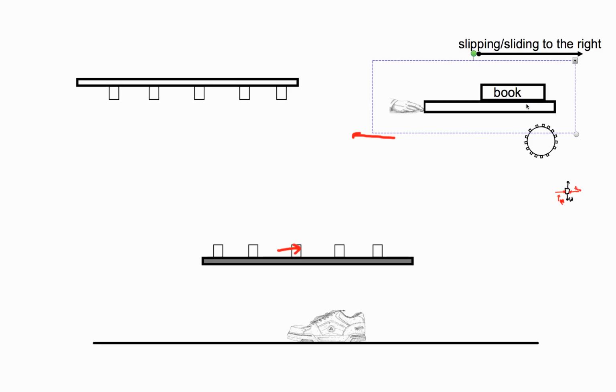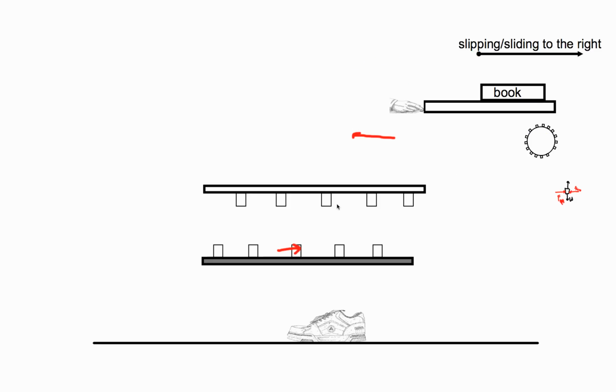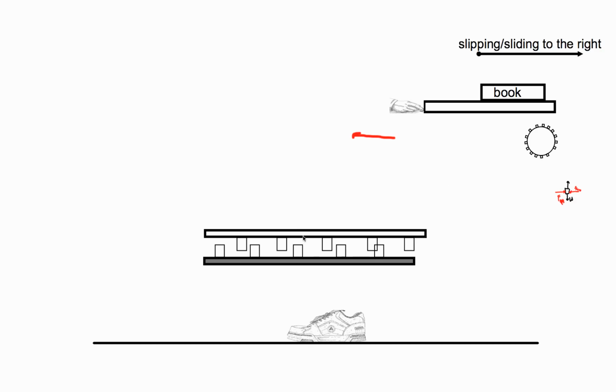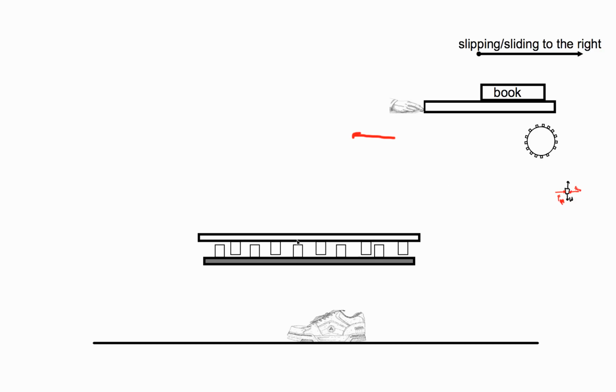pieces right here. So this is the little book on top, and this is the big book on the bottom. So if we put this guy down like this, now there's no friction acting.